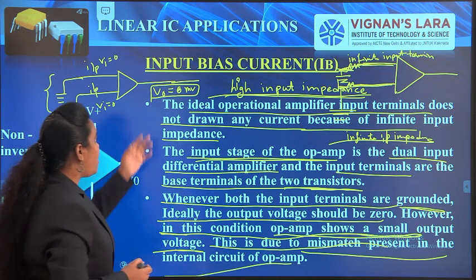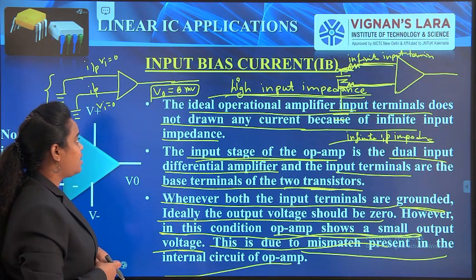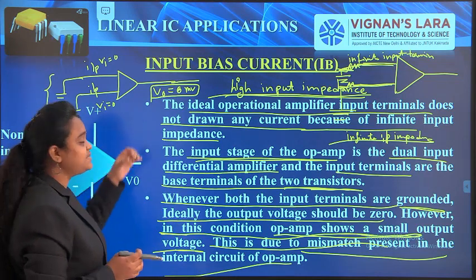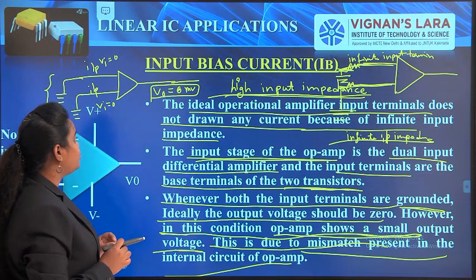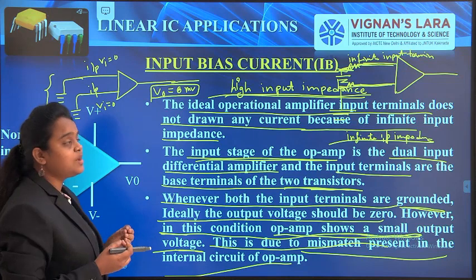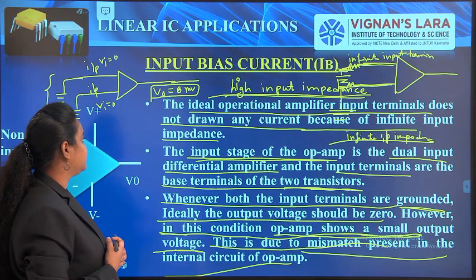Ideally the output voltage must be 0, but even in this condition the output has a small amount of voltage. Why?